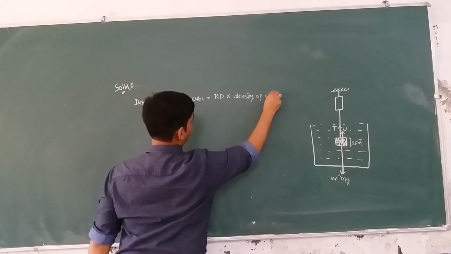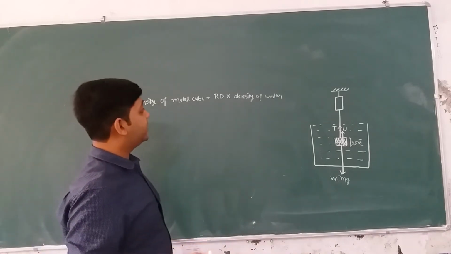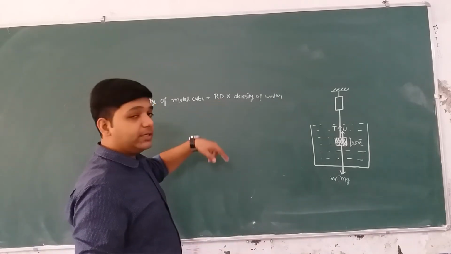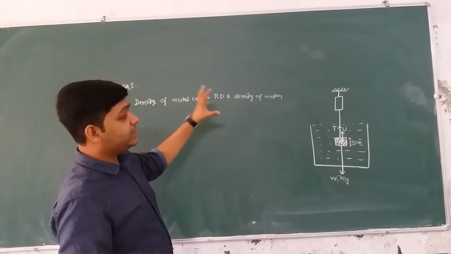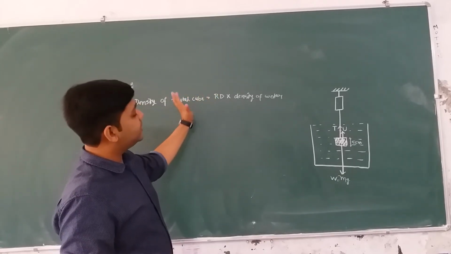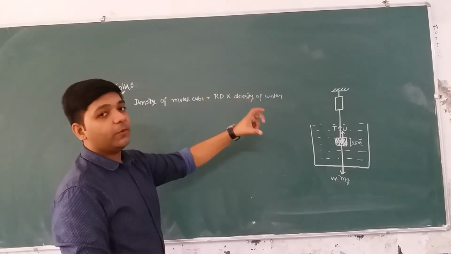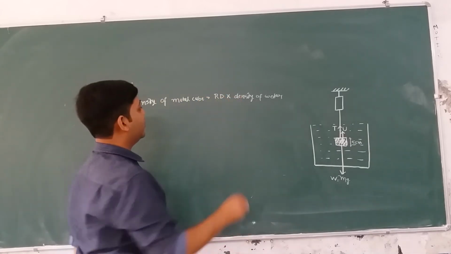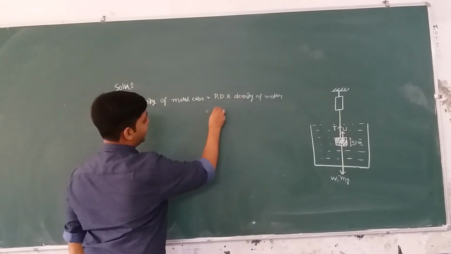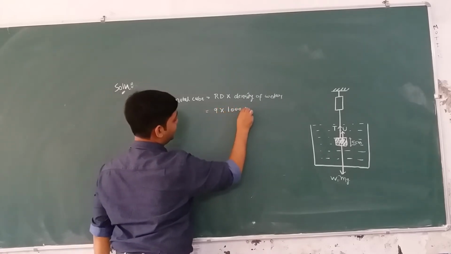So always remember what is relative density. Relative density is the density of object or solid with respect to density of water. So relative density का कैसे लिखेंगे? Relative density is equal to density of object upon density of water. So density of object will be equal to relative density multiplied by density of water. Relative density is given as 9 multiplied by density of water. We know 1000 kg per meter cube.